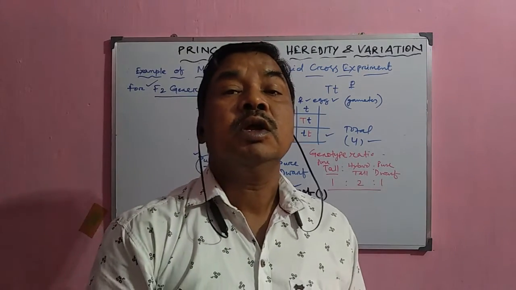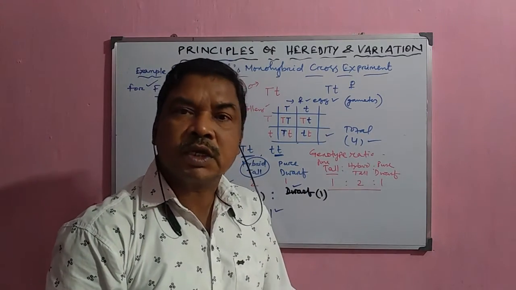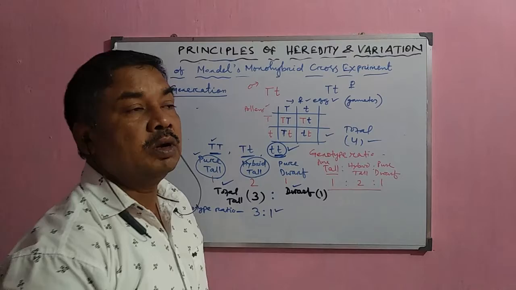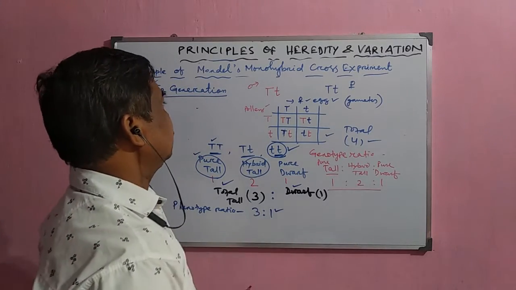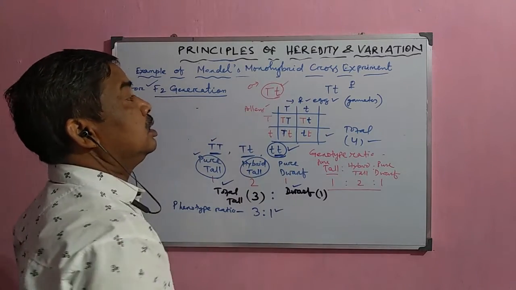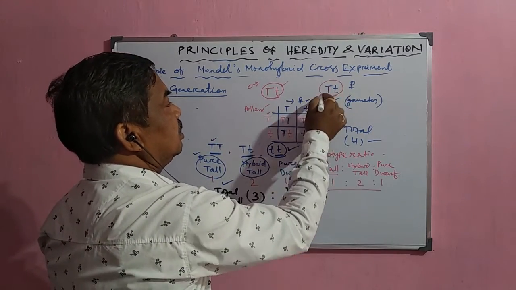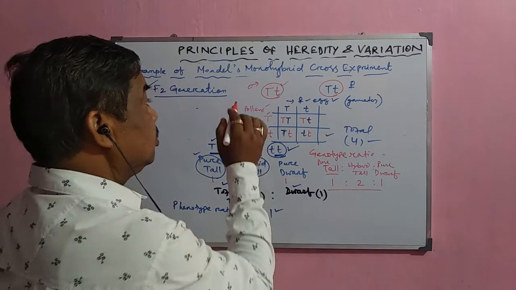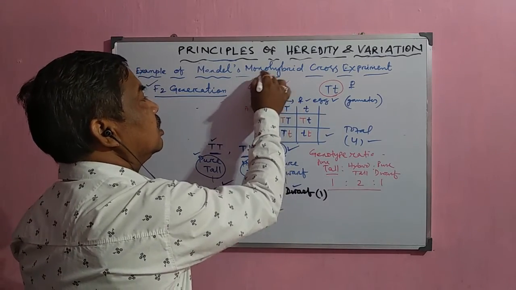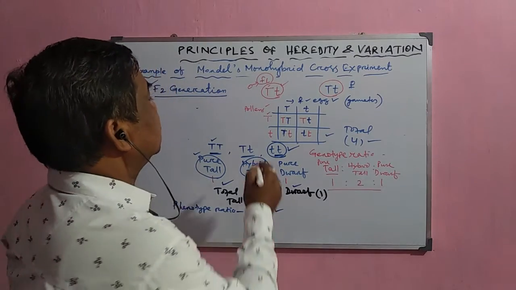Now what happened here? The character which was suppressed in the F1 generation, that is the dwarfness character, reappeared here in the F2 generation. How did it happen? During gamete formation, suppose this is the hybrid tall plant and it has 2 types of gamete. Although the characters or alleles remain together in the F1 generation, they separated or segregated from one another during gamete formation.